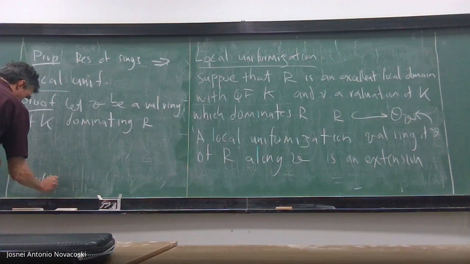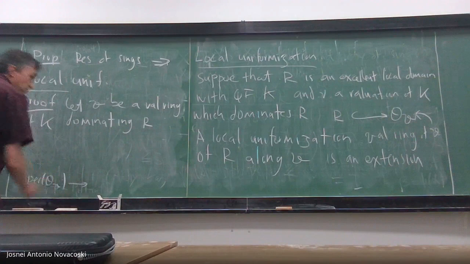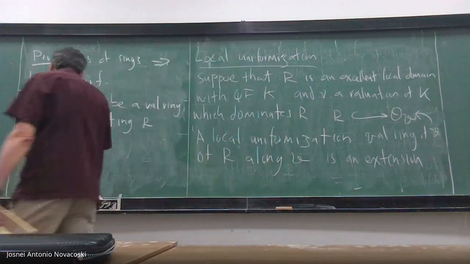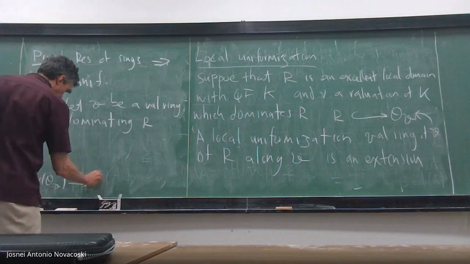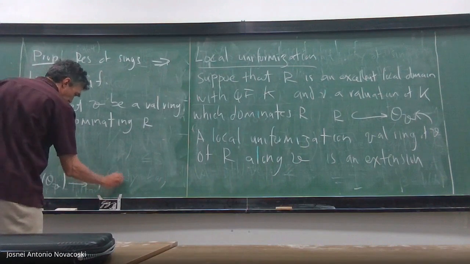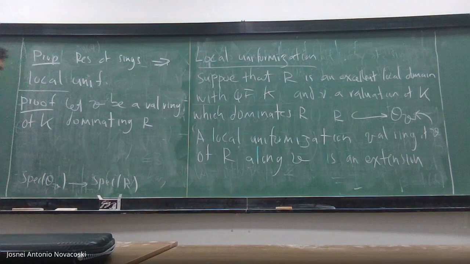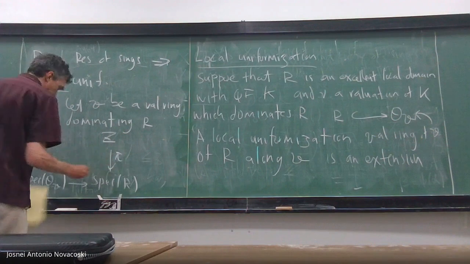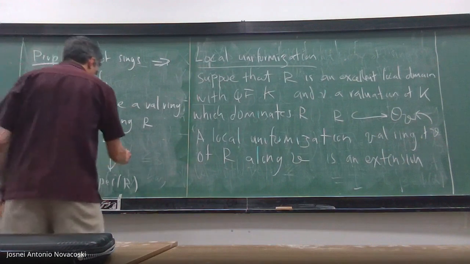That means the map on spaces is in the opposite direction. So we have a map from the spectrum of this valuation ring into the affine spec of R. And then here's a resolution of singularities.